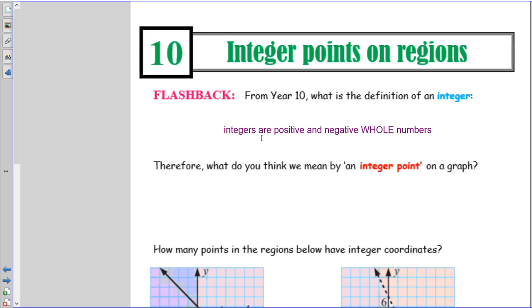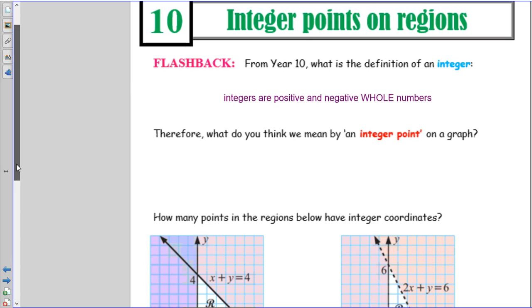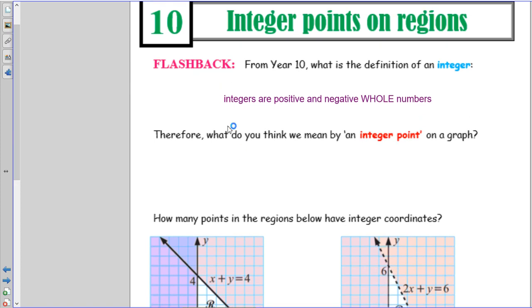So back to here, what do you think we mean by an integer point on a graph, like an integer coordinate? Integers are positive and negative whole numbers. So if it's a coordinate, that's an integer coordinate or an integer point.